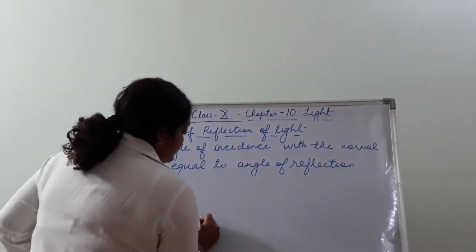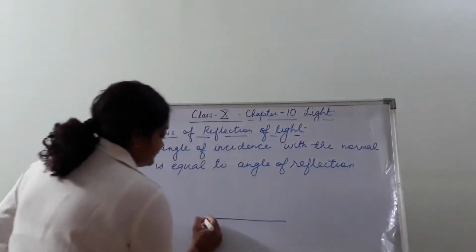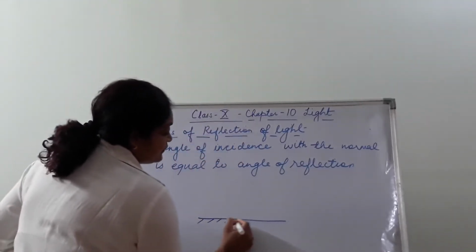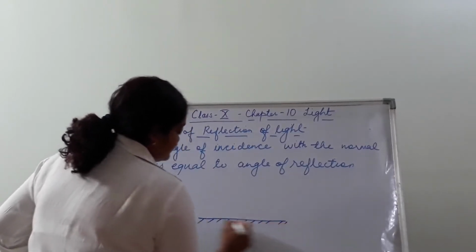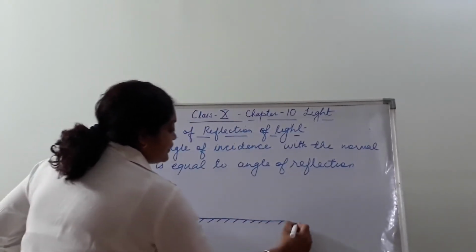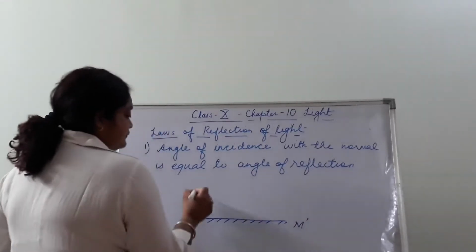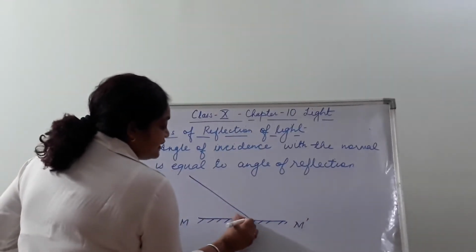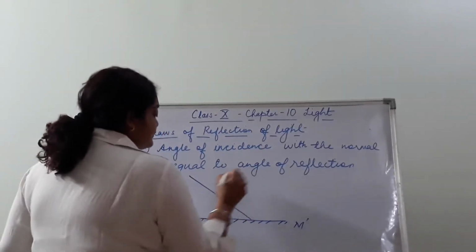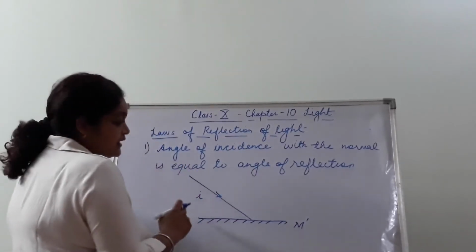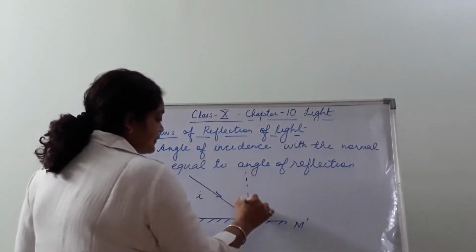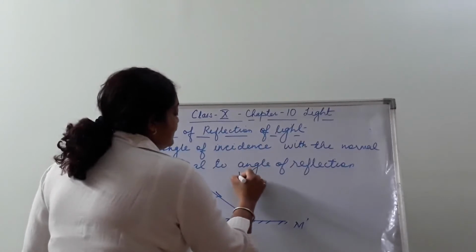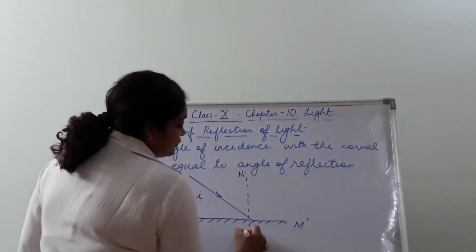Okay, now let us see. This is a plane mirror, M dash. This is the incident ray, I denote it as I. N dash is the normal.